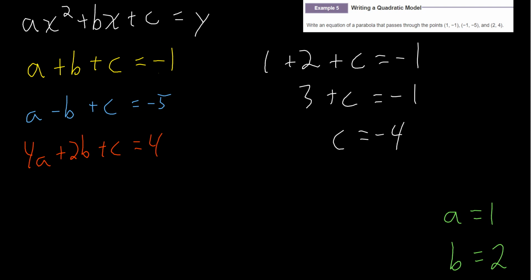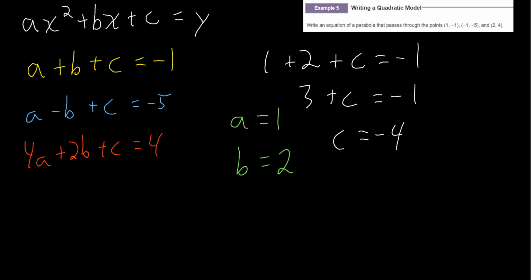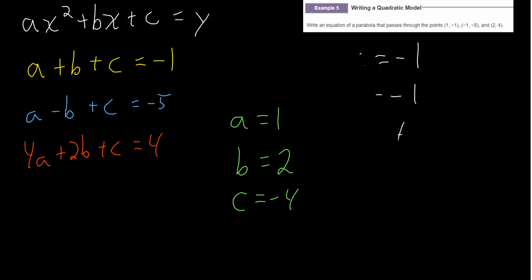So now we have a is equal to 1, b is equal to 2, and c is equal to negative 4. Looking at these three equations, the system of equations, well, it's not linear, I don't know why I keep saying linear, we're able to figure out what every single variable is by just simply looking at these 3 points.